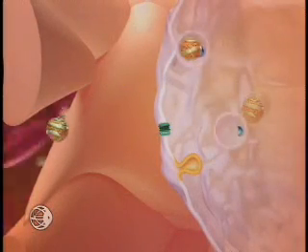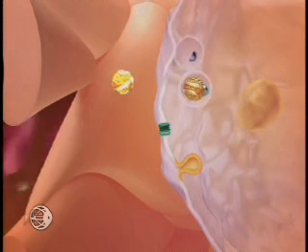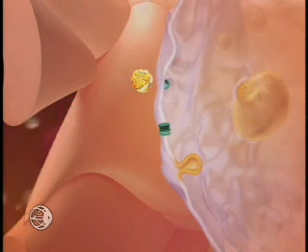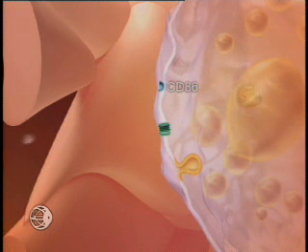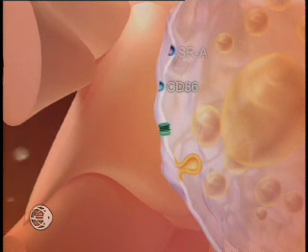Excess ApoB-containing particles can invade the arterial wall, become oxidized, and be taken up by macrophage scavenger receptors, creating the foam cells that lead to atheroma.